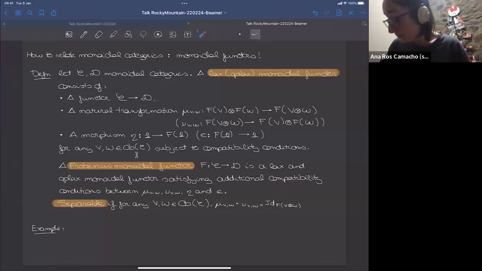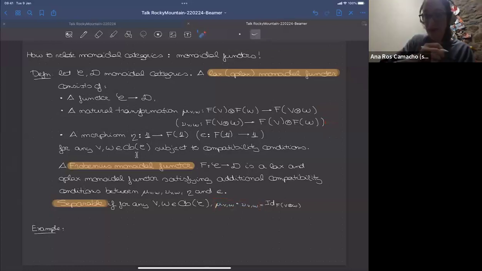So separable, if you find this adjective in front of your functor, what it means is that these two morphisms in here, one is the inverse of the other. So if you compose, then you get the identity. And so, great. Actually, separable Frobenius monoidal functors are the functors we're going to use. Spoiler, they're going to be this way, which is why I'm introducing them.